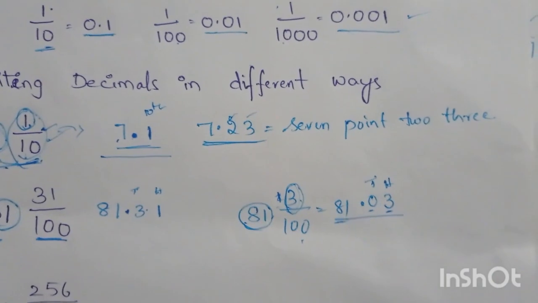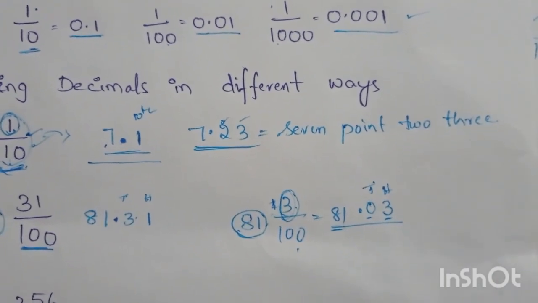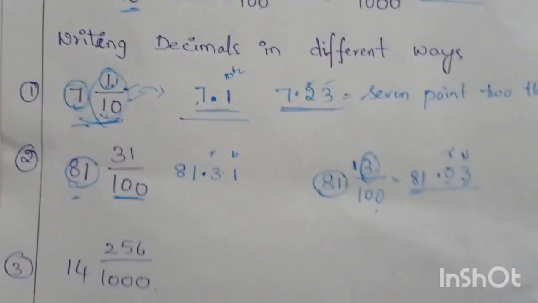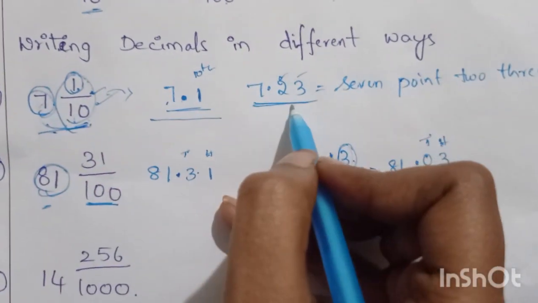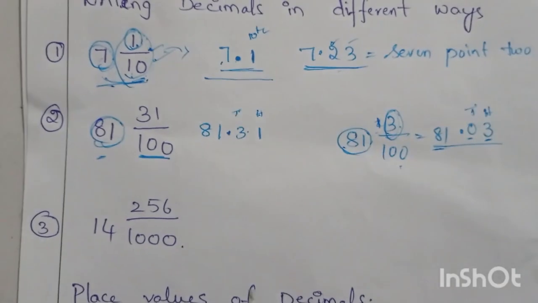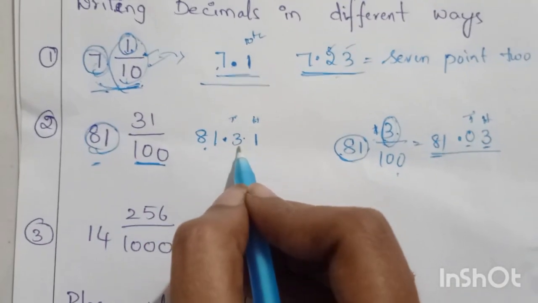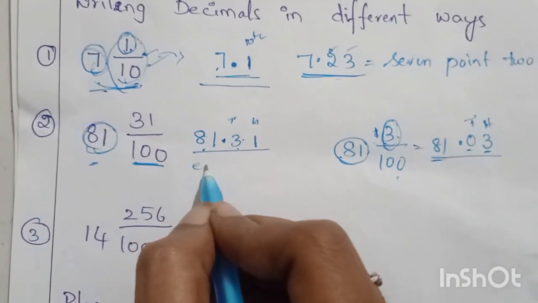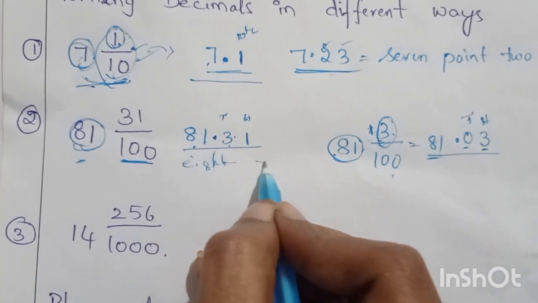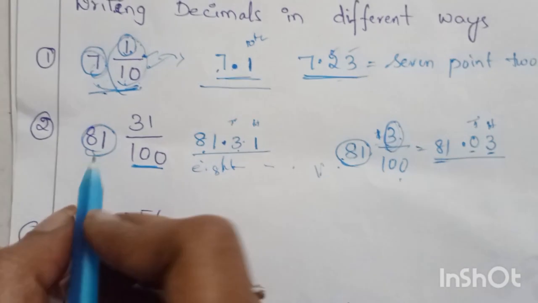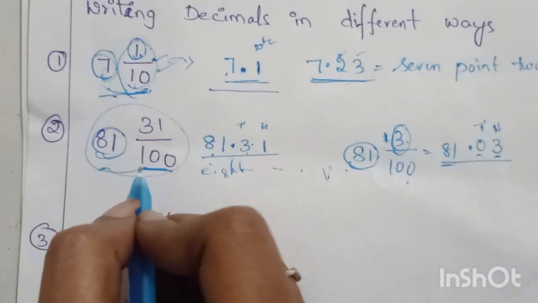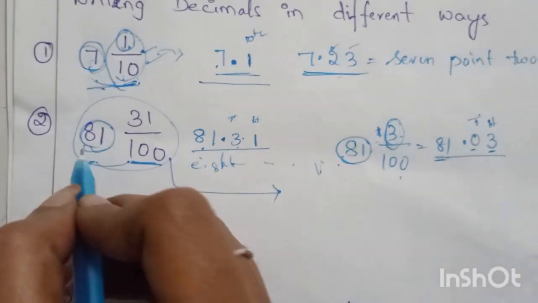Right? So here we are going to write it as 7.23. Next. So here this is the one way. And here let's see one more problem. 81.31. If you write it in a number name, what will you write? 81.31.